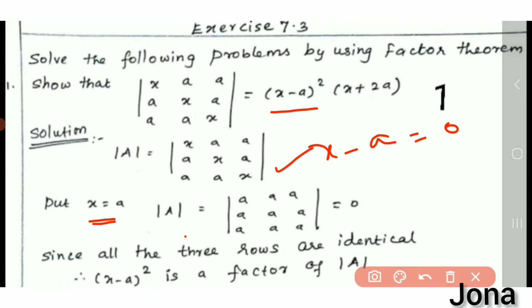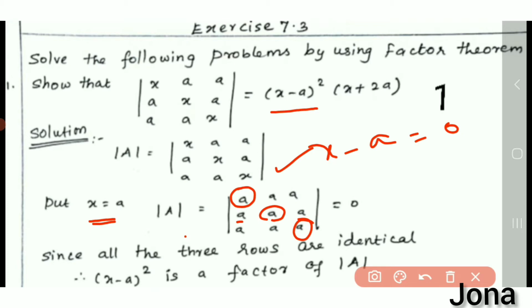That means determinant delta equals, instead of x we substitute a. So a, next row, a, here you substitute a, and then in the third row, a, instead of this x we substituted a.